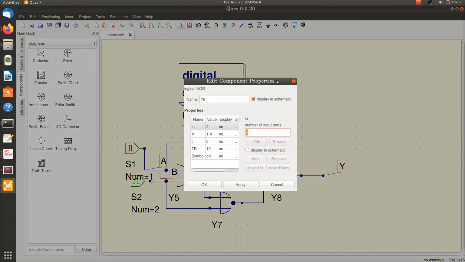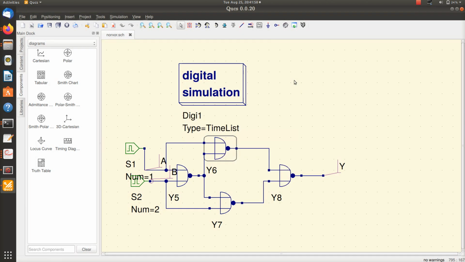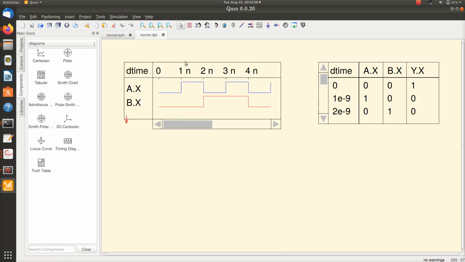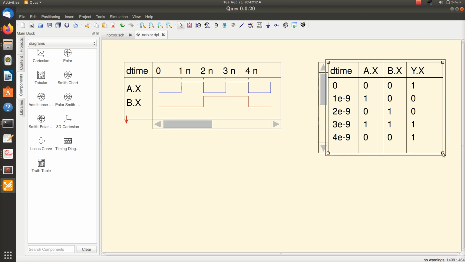Yes, that's a NOR gate. Now what I connected is an XNOR circuit. Now I have to simulate and verify whether it is an XNOR circuit. You can see that this truth table shows that it's an XNOR circuit.